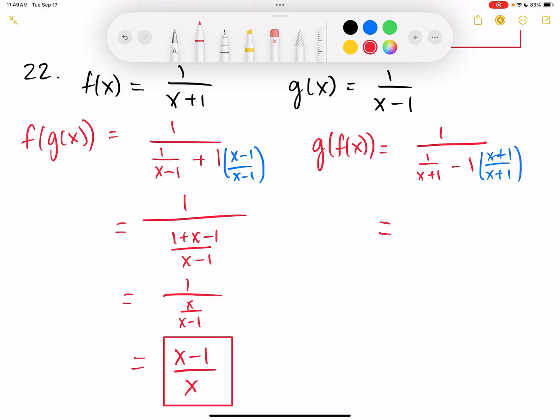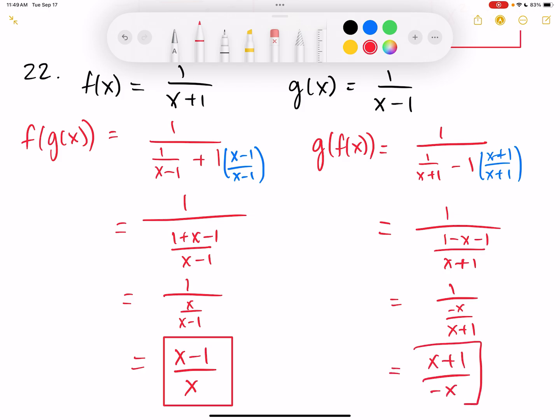So I get 1 over, what's that, 1 minus x minus 1, which is 1 over negative x over x plus 1. Keep change flip, and I get x plus 1 over negative x. And that's my final answer on that.